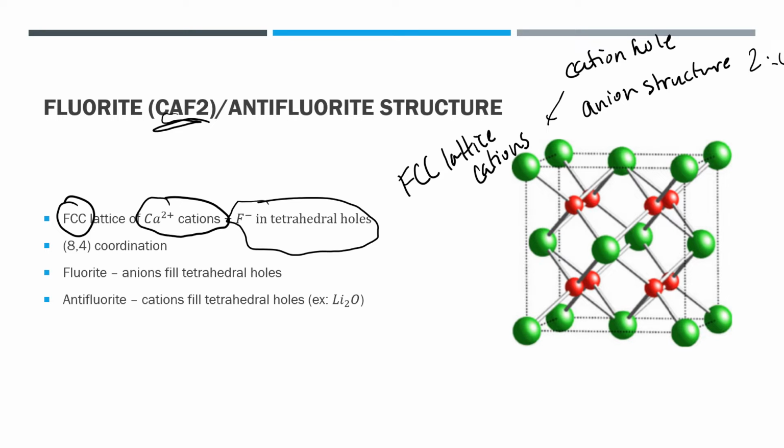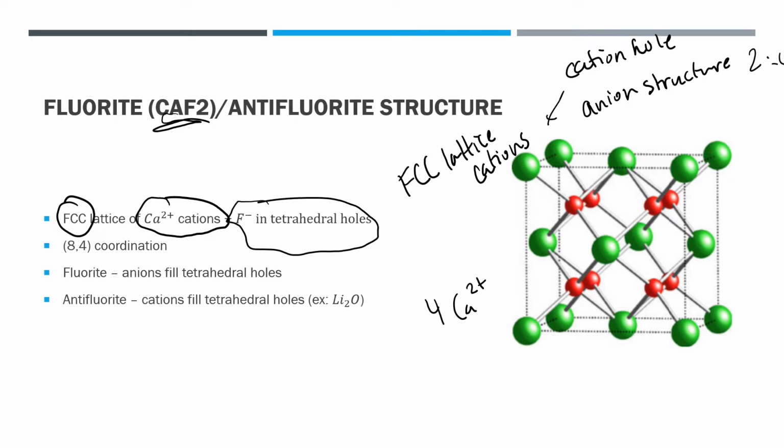Okay, so we have this FCC lattice. We know what FCC lattices are, right? We've got the stuff on the faces and the stuff on the corners, and then we've got these F minuses in the tetrahedral holes, right? Okay, so if we do the counting, remember that we have 4 calcium cations on the lattice. We calculated in the NaCl structure how many atoms are in an FCC lattice.